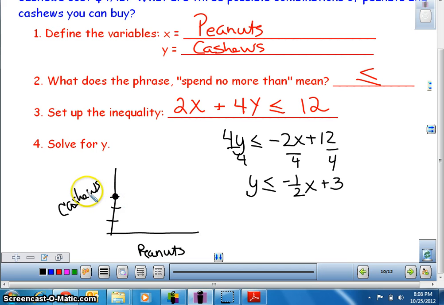So our top point here is going to be at 0, 3 of cashews. Well, what's the most peanuts we can have? We can have 6, 0. And if we are thinking about this realistically, this should be anywhere along this line and less than, which means we are looking at this for our solution. It is all of these points for the number of pounds that we could have.